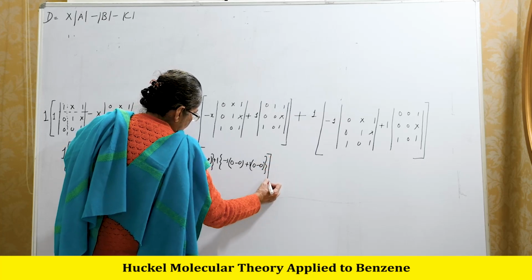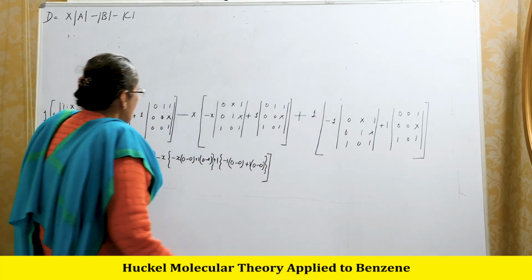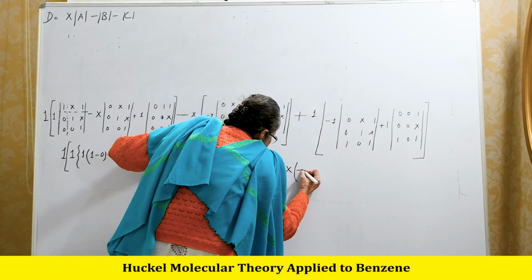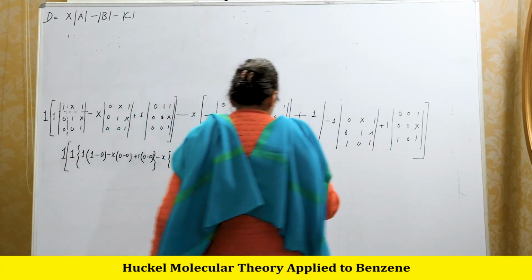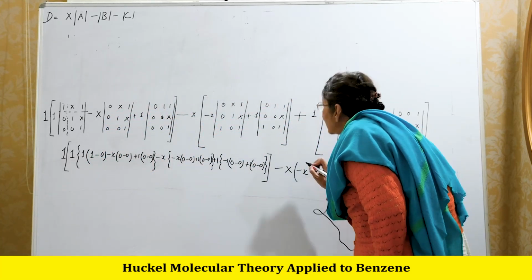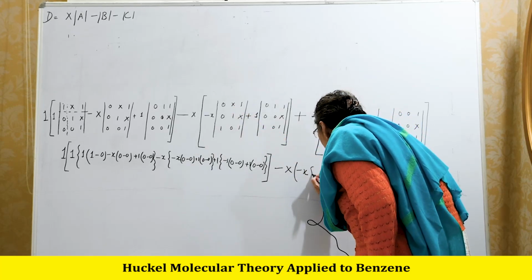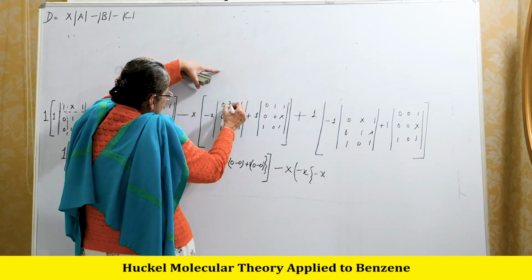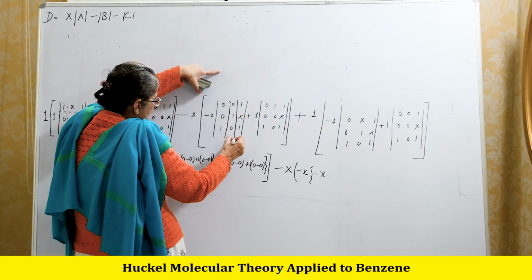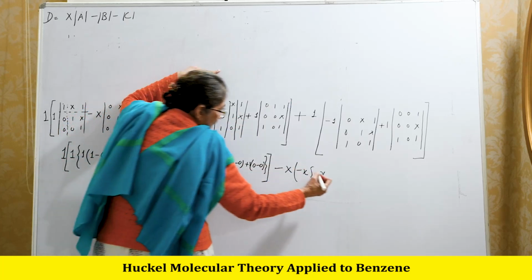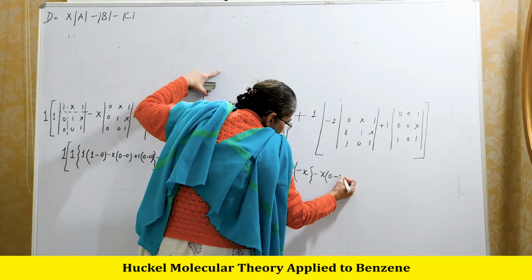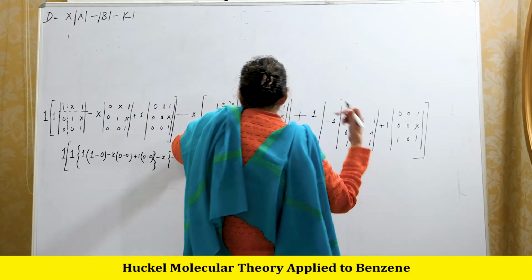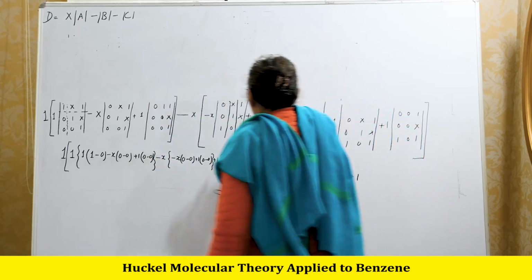Now I take this minus x, minus x, minus x, and now this minus x, minus x, 0 minus x, 0 minus x, plus 1, and plus 1.